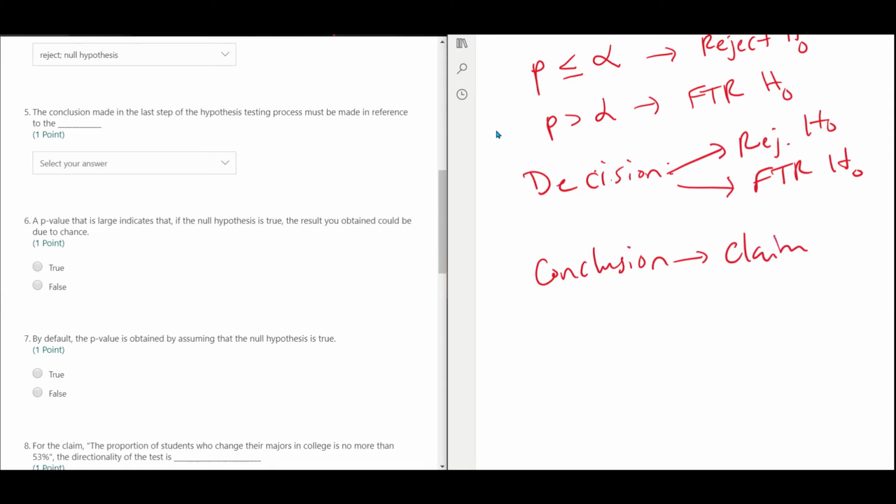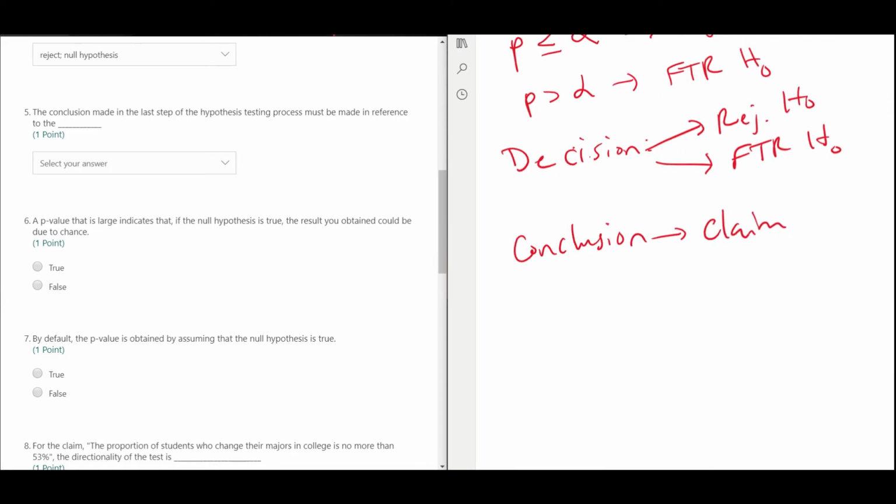When we do the conclusion, we always say there is enough evidence or there is not enough evidence to reject or support the claim that... So the conclusion is related to the claim, and the decision is related to H0. The last step in hypothesis testing must be made in reference to the claim.